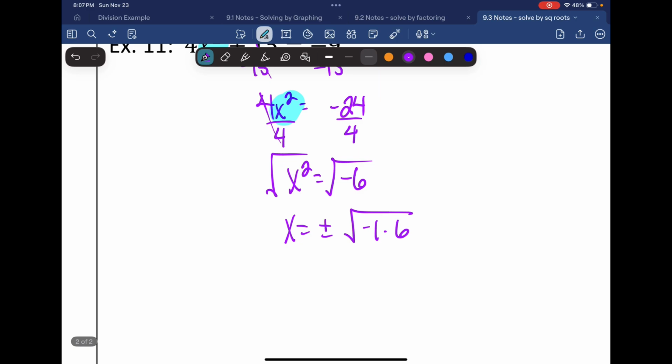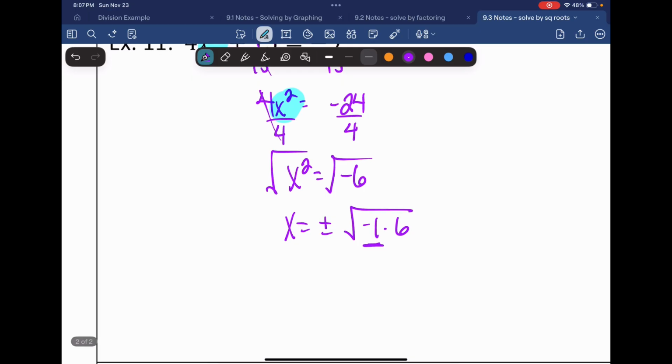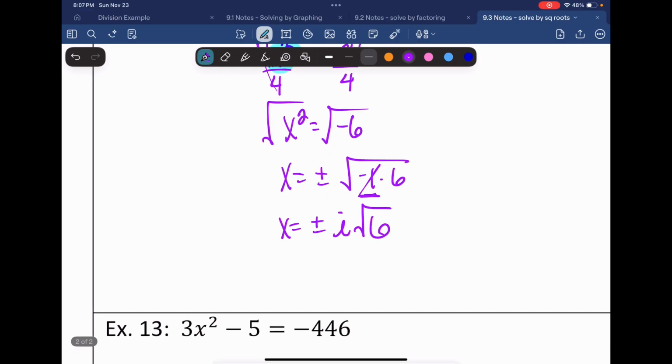Okay, so the issue with 6 is that the only possible square that can divide evenly into it is 4, and 4 doesn't. So the only square root that I have is that square root of negative 1. And the square root of negative 1 is i. The 6 is going to stay underneath. So my two possible solutions: positive i root 6 and negative i root 6.